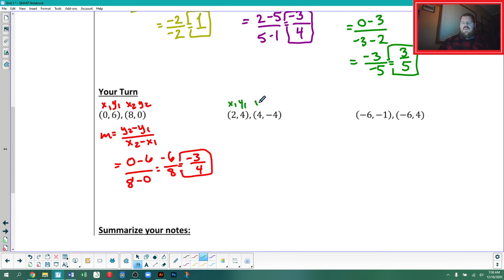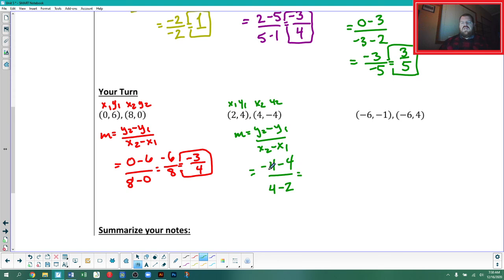x1, y1, x2, y2. Slope equals y2 minus y1 over x2 minus x1. y2 is negative 4, y1 is 4, x2 is 4, x1 is 2.